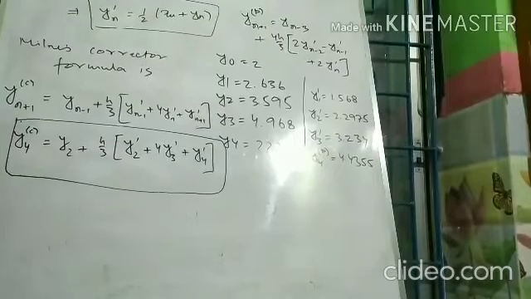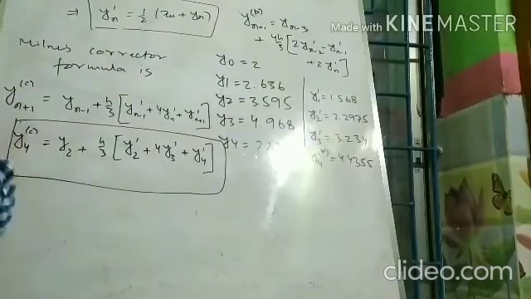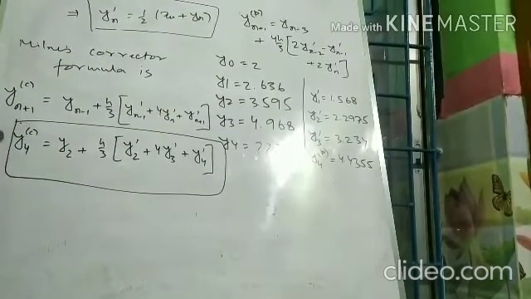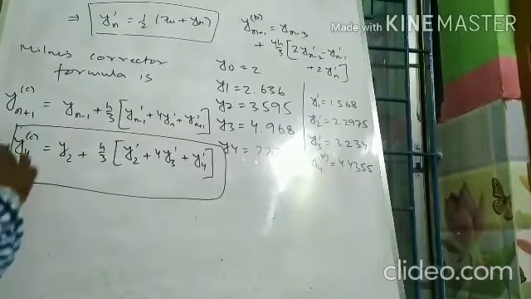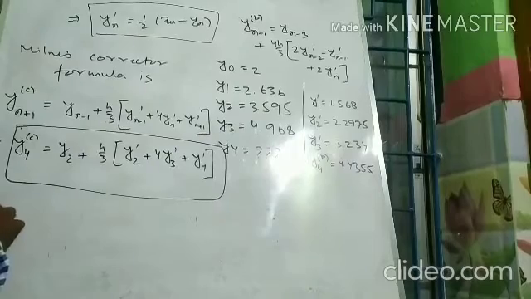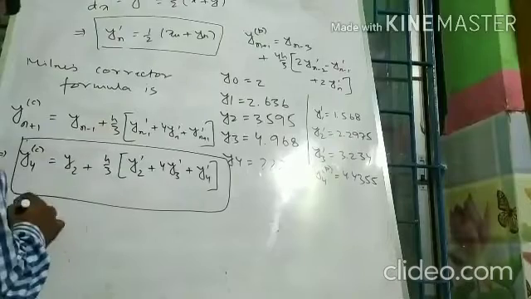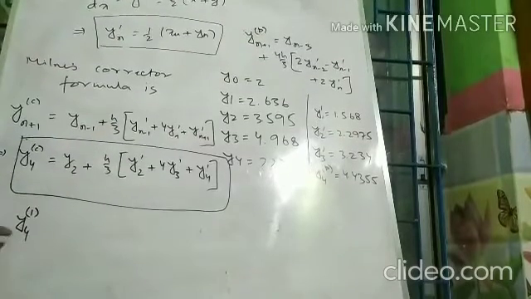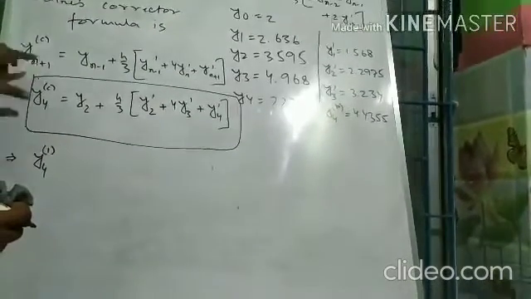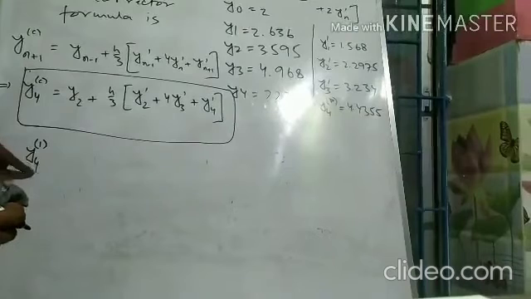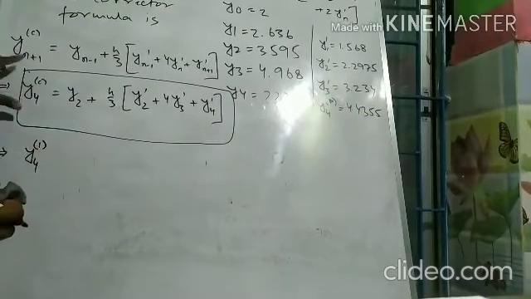Now, from the corrector formula, calculate the first iterative value of y4. y4 with 1 in brackets means the first iterative value of y4 using the corrector formula.